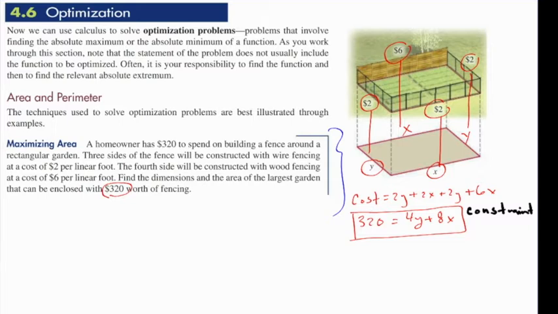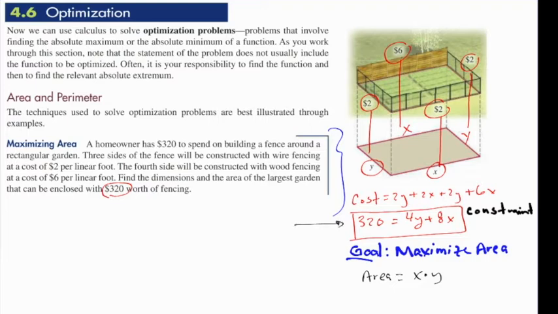So our goal is to maximize area. So we need to write a function for area. So we'll say area equals length times width, which is x times y.